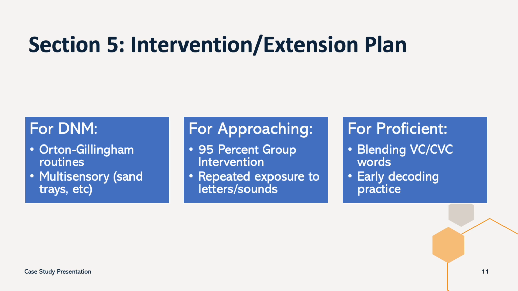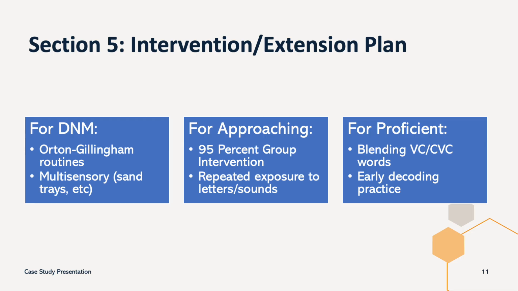Students in the approaching group received 95% group intervention lessons, which provided structured repetition and visual supports. Their instructional focus was on increasing automaticity and correcting specific errors, especially when distinguishing between similar letters like P, T, and A. Students who had already mastered the target letters moved into the extension activities that focused on blending vowel consonant and consonant vowel consonant words using those letters.